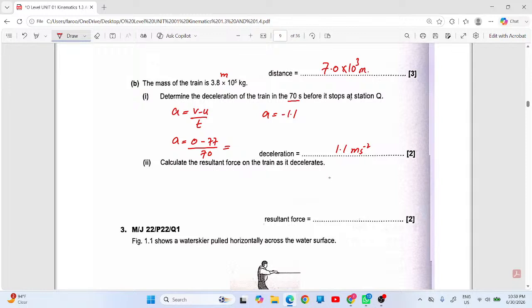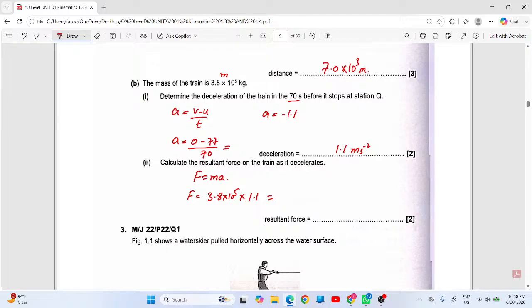Next, calculate the resultant force on the train as it decelerates. Resultant force is ma, so F equals m times a. Mass is 3.8 × 10 to the power 5, acceleration is 1.1.